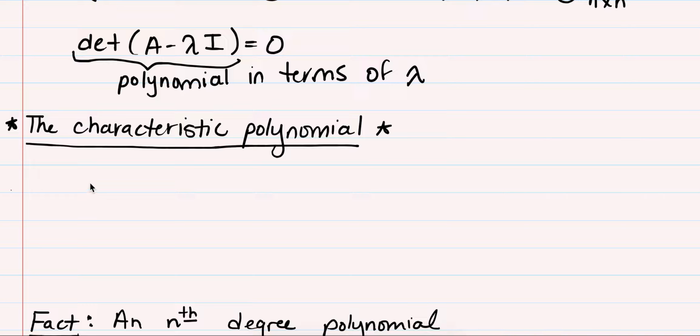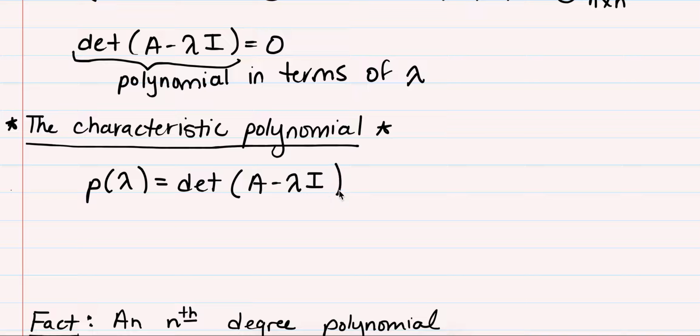So the characteristic polynomial is P of lambda, which is going to be equal to the determinant of A minus lambda I, and it's an nth degree polynomial.